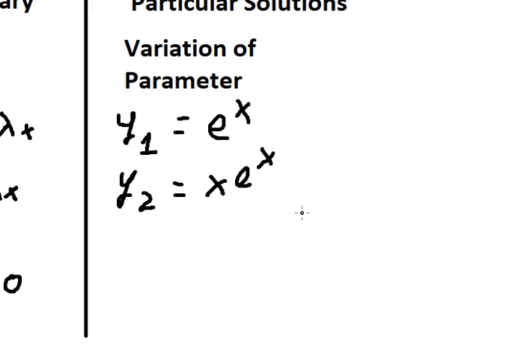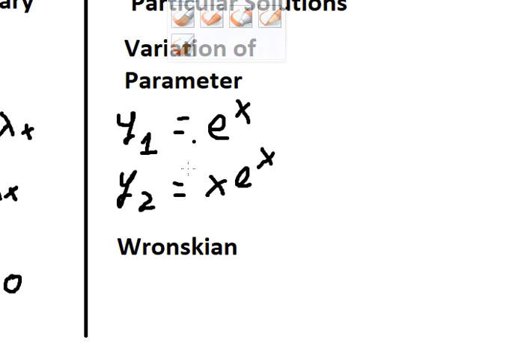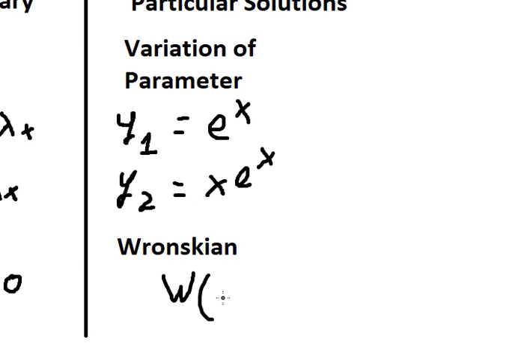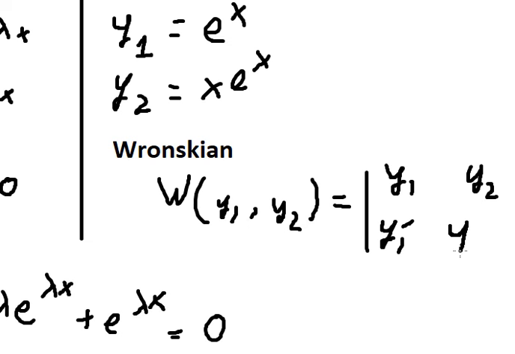So we need to find the Wronskian. That is W of y1, y2 equals the matrix y1, y2, first derivative of y1, first derivative of y2.